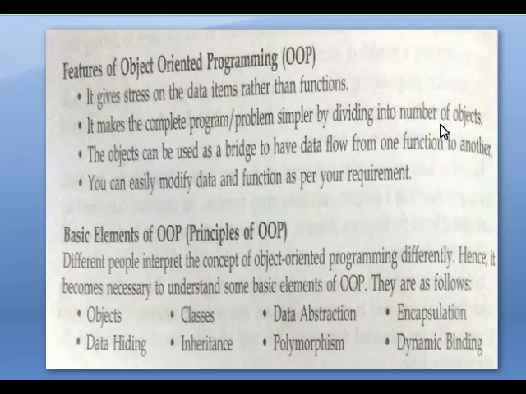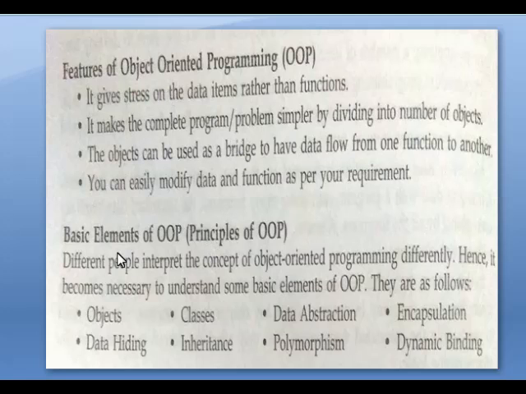Here the program can be divided into a number of objects, not functions. Third one, the objects can be used as a bridge to have data flow from one function to another. The last one is we can easily modify data and functions as per our requirement. So these are the features of object-oriented programming.